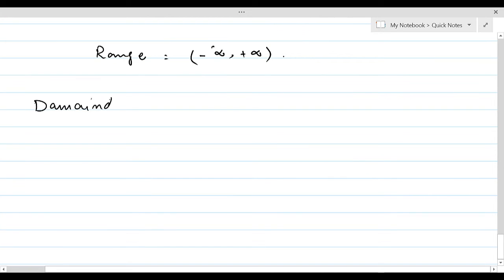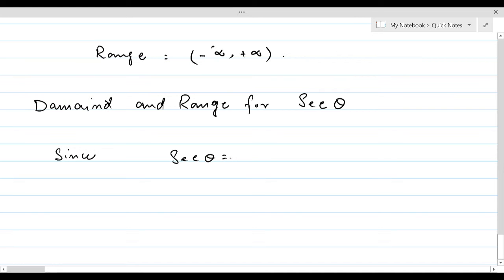Domain and range for secant theta. Okay. Now since secant theta is the reciprocal of cos, this will be 1 over x.